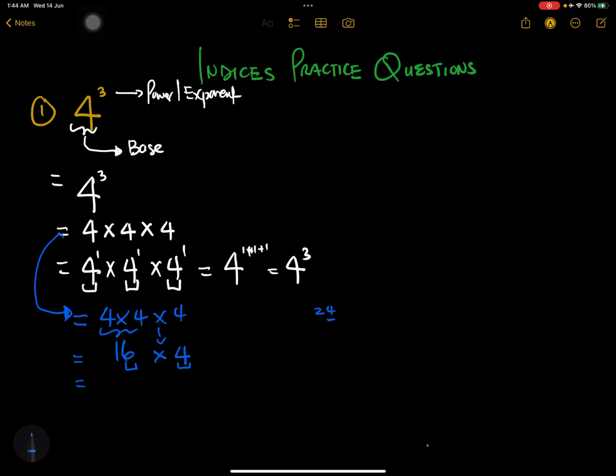We write the 4 first, and there's a remainder of 2. Then this 4 multiplies the 1 here, which gives 4, plus the remainder of 2, so 4 plus 2 becomes 6. So it's 64. The answer is 64.